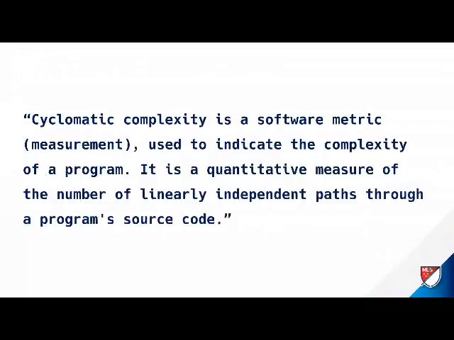All right, so now we're going to talk a little bit more about complexity. So this is the actual definition, from Wikipedia, which is a little much. So basically, it's a metric used to indicate linearly independent paths through a program's source code.